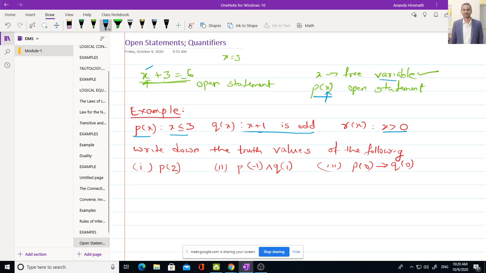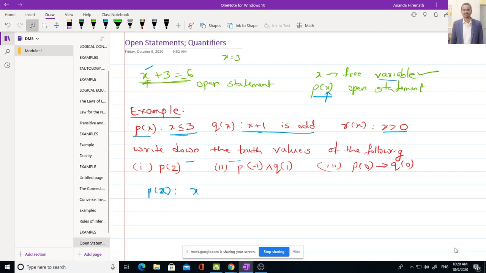Now the question will be: write down the truth values for the following. There are three statements given, 1, 2, 3. So let us take the first one and try to say whether it is true or false. Now p of 2, but what is actually p of x? Here x is less than or equal to 3.